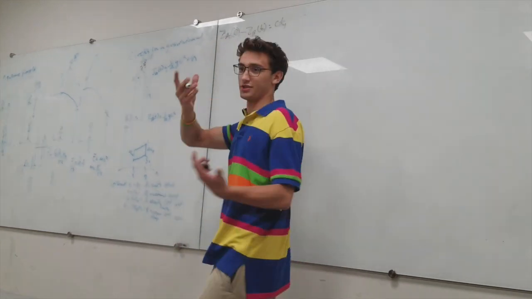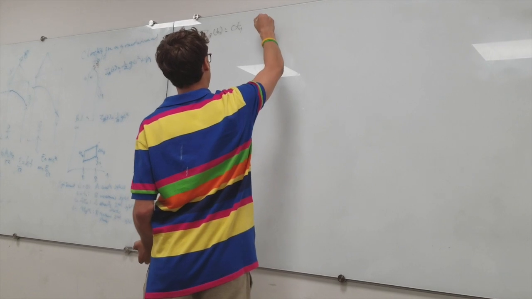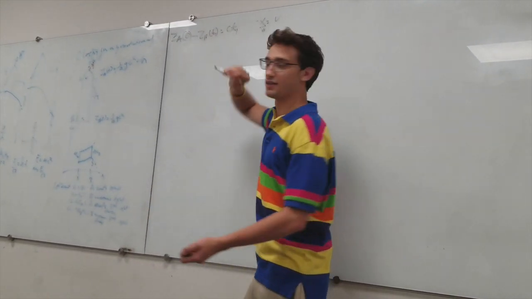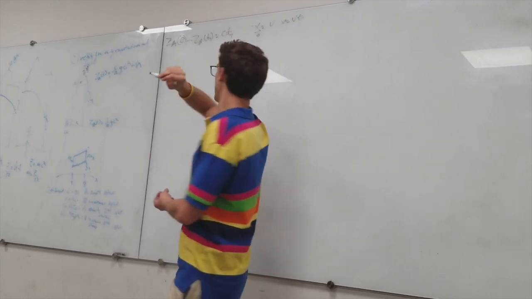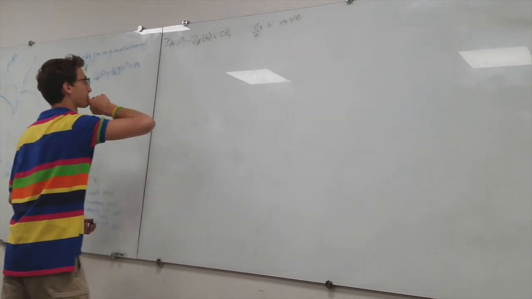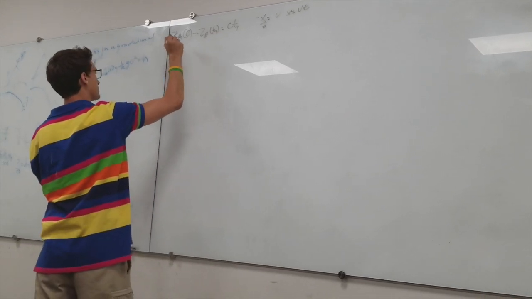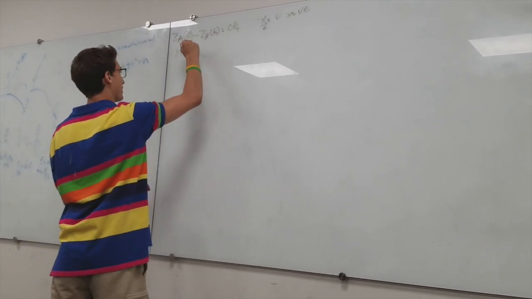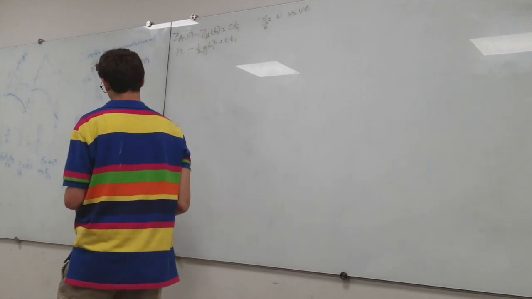Just so people who aren't familiar, x over t is the velocity. So to get x, we just do the velocity times time. So we plug in 0 from here, so just h minus 1/2 g t1 squared equals c t1.